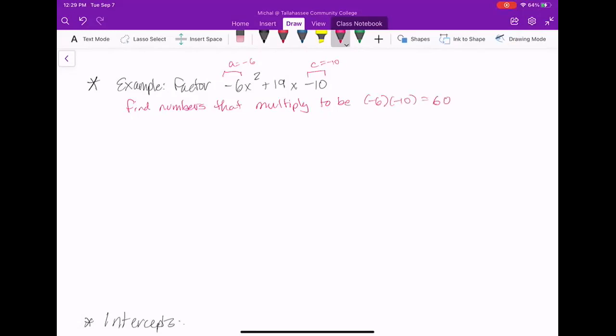And we want those factors to add to be 19, because that's our middle term.